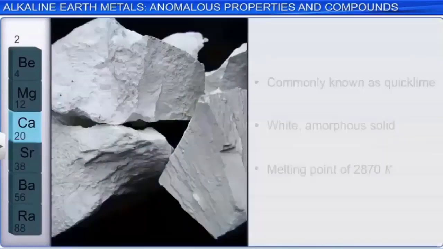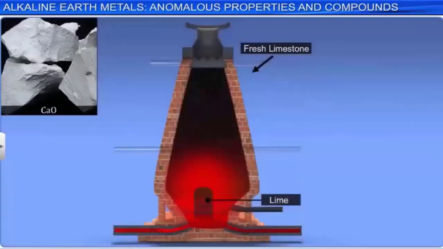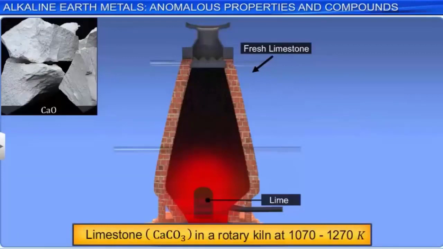To prepare calcium oxide on an industrial scale, limestone or CaCO3 is heated in a rotary kiln at 1070 to 1270 Kelvin. At these conditions, calcium carbonate decomposes to form calcium oxide and carbon dioxide.